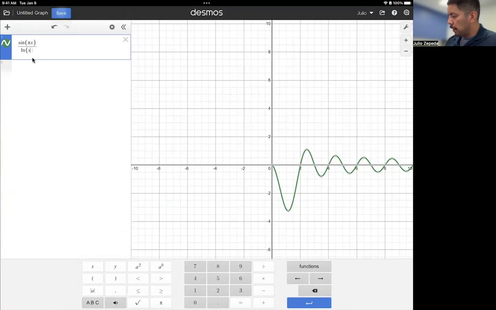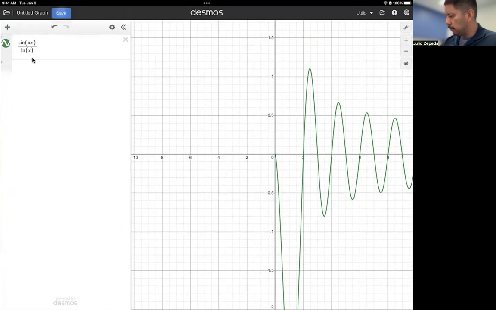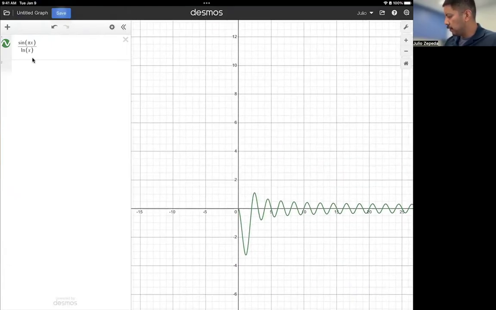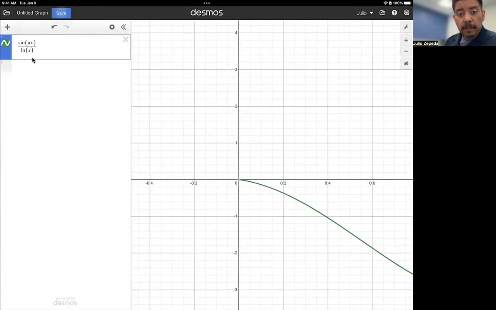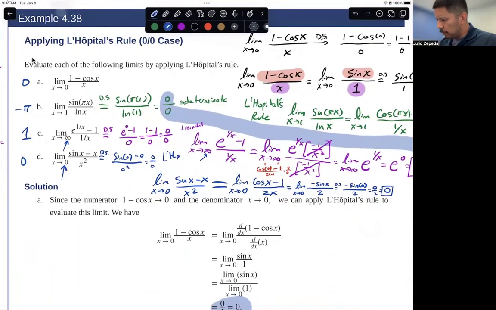Okay, it has some weird behavior to the right, which makes sense because it's a sine function. But that one's pretty clear also from the graph. As x approaches 0, y approaches 0. So was that one also 0?